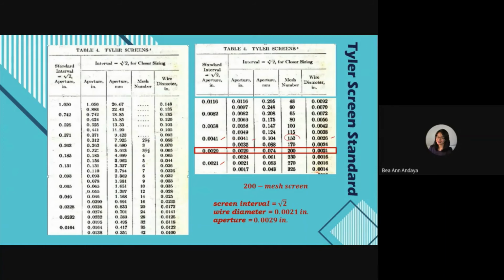Kapag mas pino naman na screen, all you have to do is to divide that one by fourth root of 2 at makakakuha tayo ng from 0.0029, pupunta ito ng 0.0024. Dito naman na yung mesh number at yung wire diameter. So, ganun din sa iba pang sizes, and that is for the use of a Tyler screen standard.